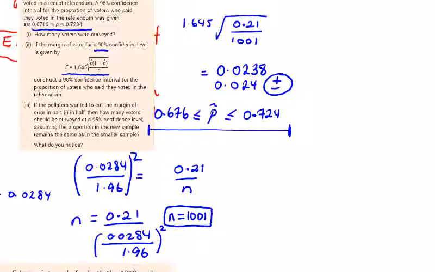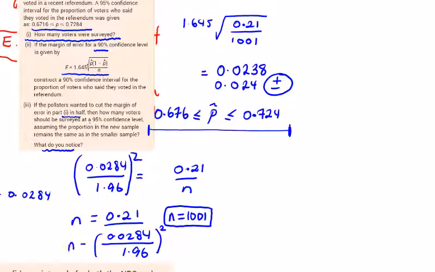And if the pollsters wanted to cut the margin of error in half, how many voters should be surveyed? Okay, and what do you notice? So they want to cut the margin of error in part 1 in half. So let's have a look at dividing it by 2 first.